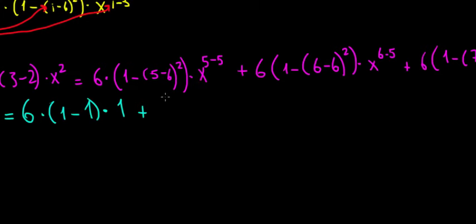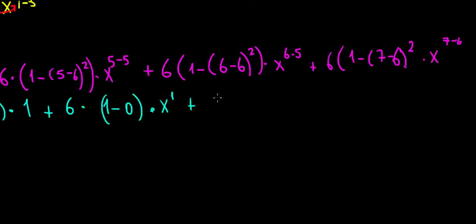Plus, we go to the next one. So we have 6 times 1 minus 6 minus 6 squared, that's just 0, times x to the power of 6 minus 5, that's just 1, plus, and the last term we have 6 multiplied with 1 minus 7 minus 6 is 1 squared, and 1 squared is again 1, so it's 1 minus 1 times x to the power of 7 minus 6, which is just 1.